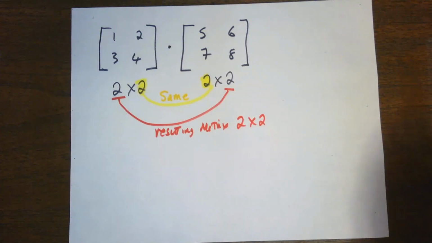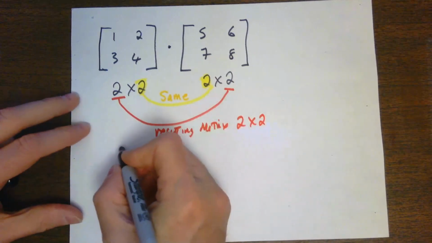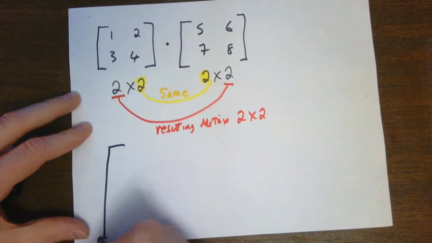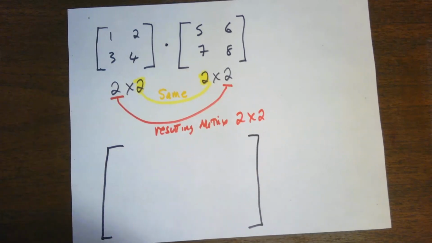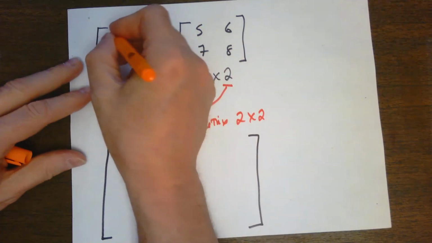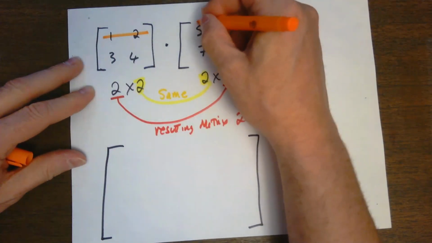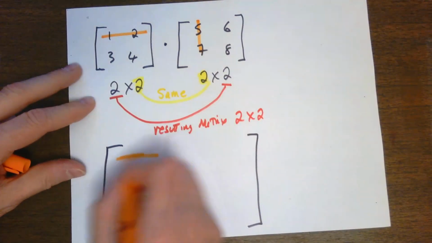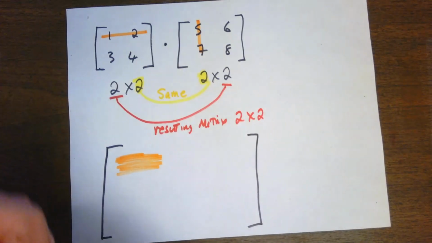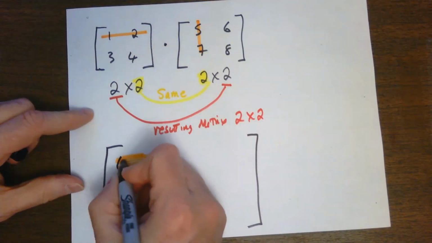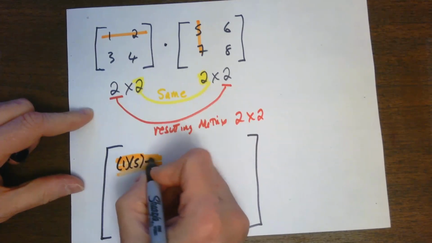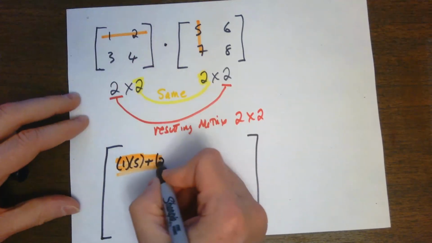Now, as we multiply these out to find the resulting matrix, keep track of the whole idea. Remember what I said, row times column? So the first row times the first column is going to give me the first row, first column entry. In other words, 1 times 5 plus 2 times 7.